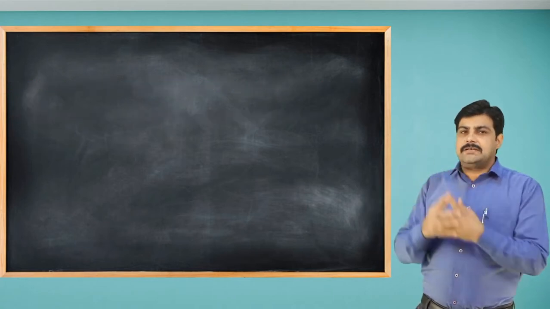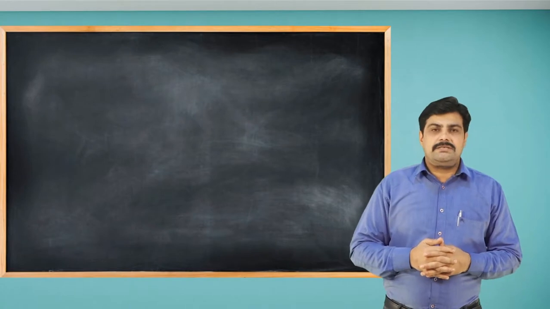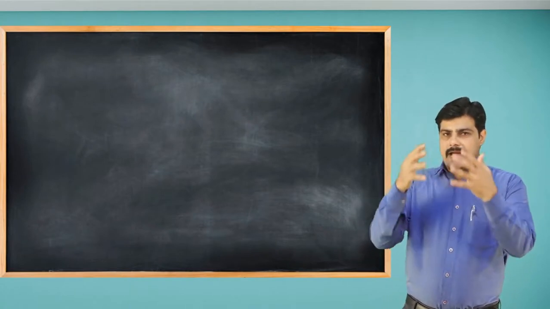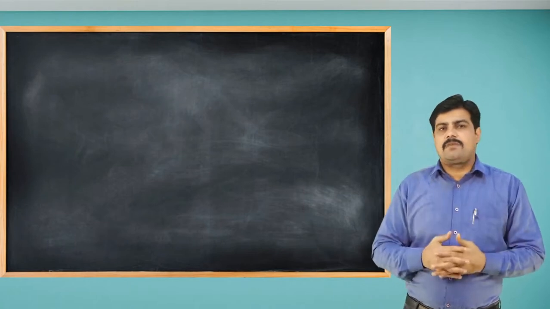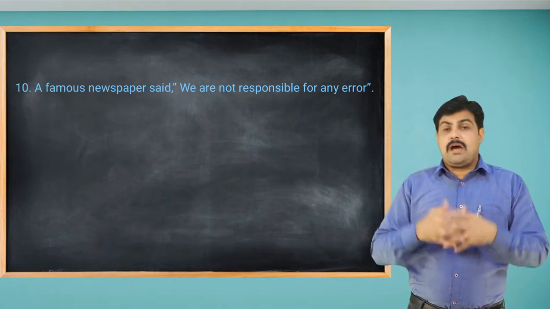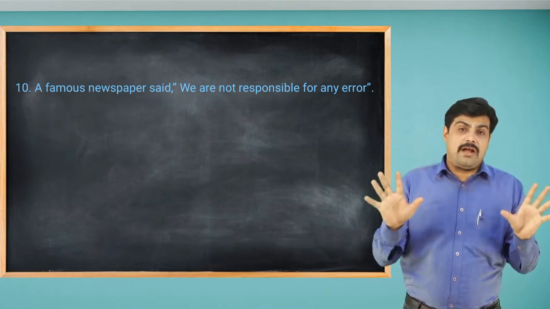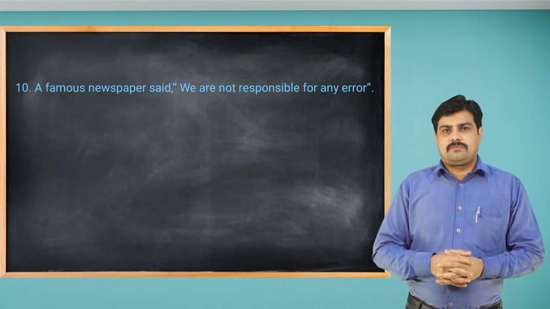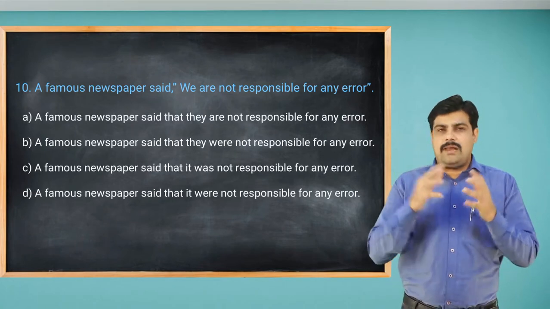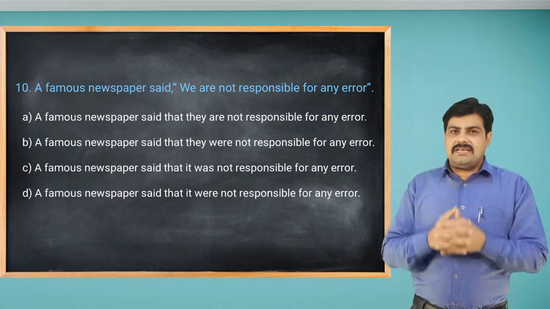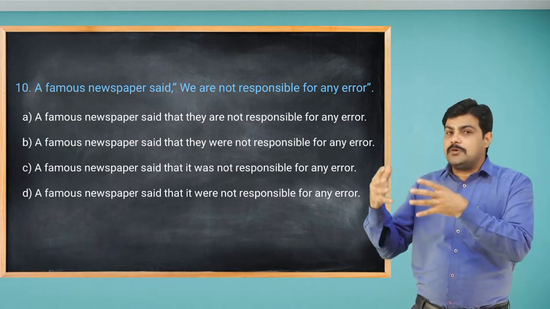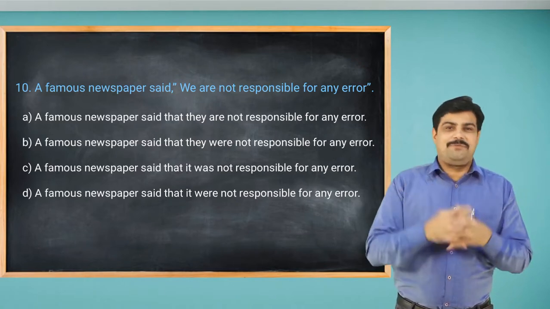Now let's take another sentence. This is a very important sentence and problems are generally in this form as this sentence contains. A famous newspaper said, "We are not responsible for any error." Now, what should be the right option? Well, like the previous sentence, it's simple. But again, here is something important to know and to note down.